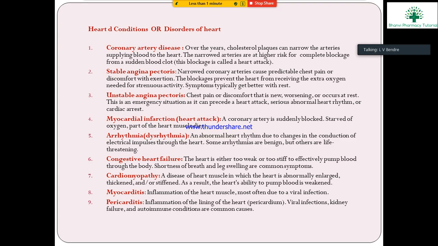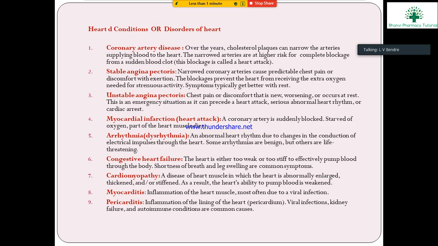Next, the disorders of the heart, or disorders of the cardiovascular system. First one is coronary artery disease. What is coronary artery disease? Over the years, cholesterol plaques accumulate in the coronary artery.